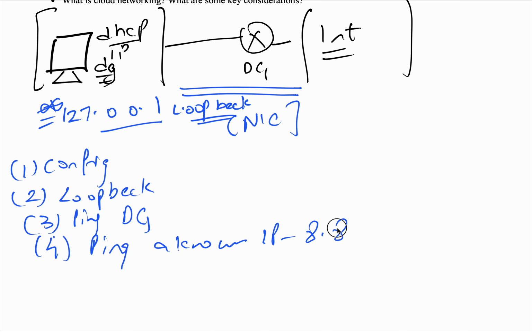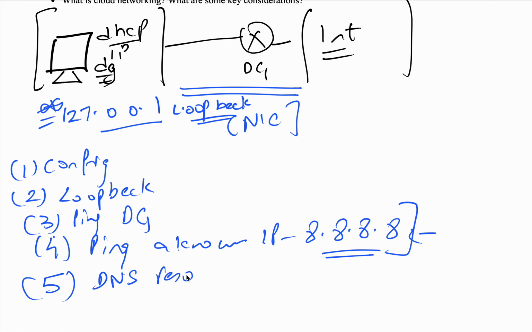For example, to check if the packet is going out, we do ping 8.8.8.8. And then you check the DNS resolution, if it is working fine or not. In this one itself, you'll get an idea, because if you're not able to reach Google, but 8.8.8.8 is working, that means the IP is working, so there is an issue with the DNS resolution.